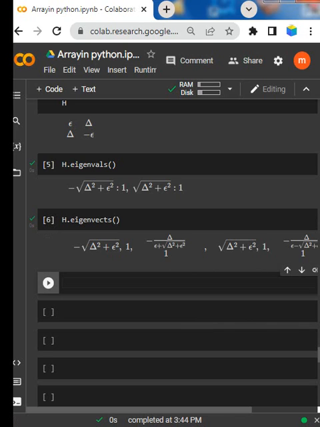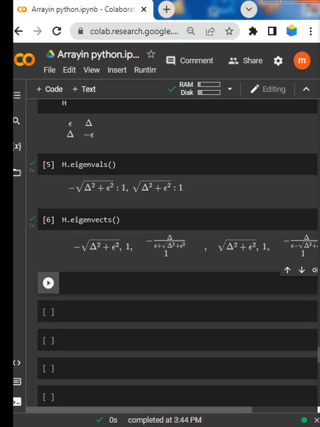So look here. The return value of the eigenvals method is a dictionary where each eigenvalue is a key and the corresponding value is the multiplicity of that particular eigenvalue.